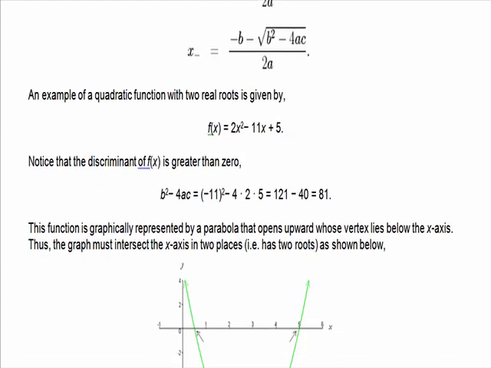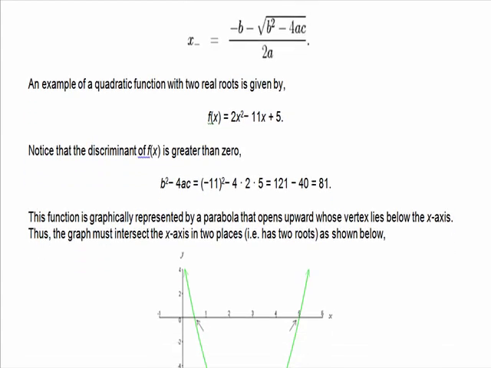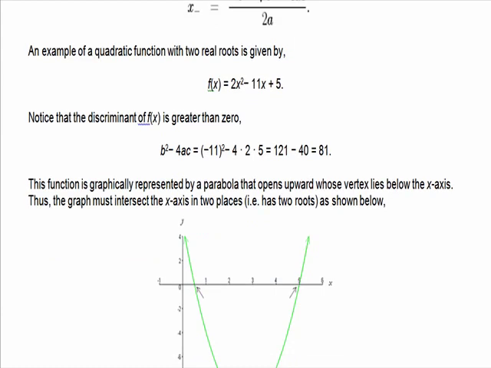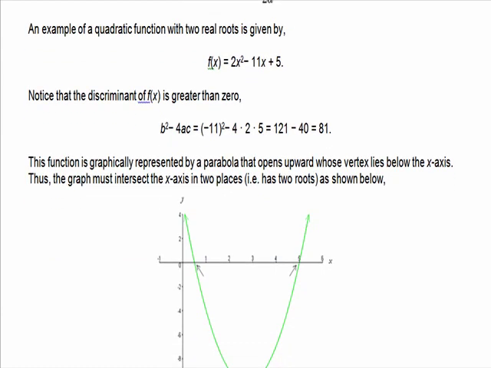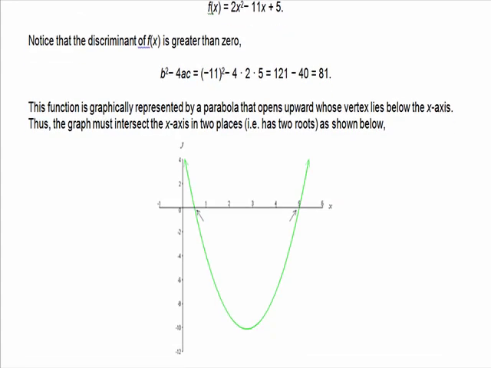And then the function here would be graphed as a parabola again that opens upward and whose vertex would lie below the x-axis. Thus the graph would intersect the x-axis in two places. It would have two roots or two zeros, and I illustrated that in the graph below.